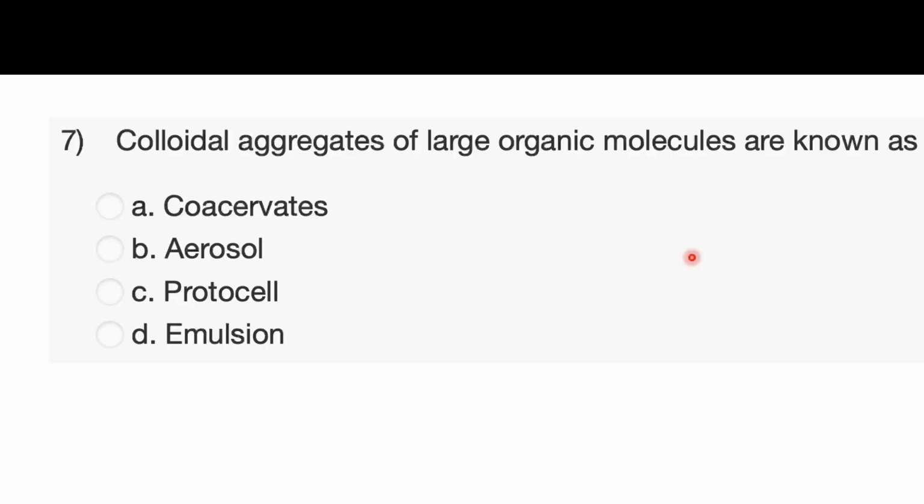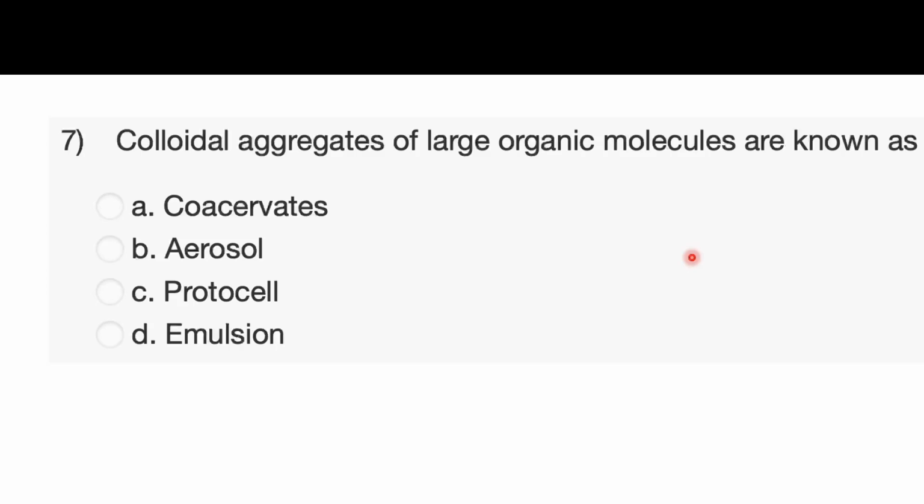Okay, moving on to the seventh question. Colloidal aggregates of large organic molecules are known as dash. A. Coacervates. B. Aerosol.